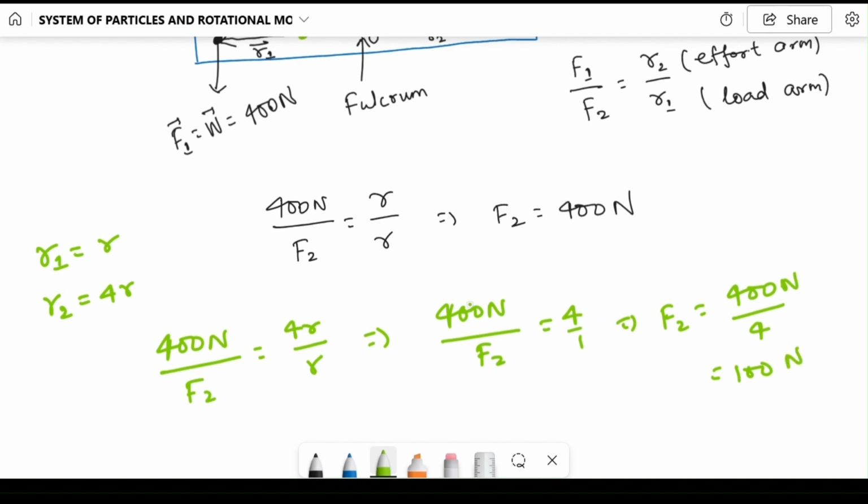So you have now understood why we call this ratio the mechanical advantage: we have balanced a greater load with less effort.